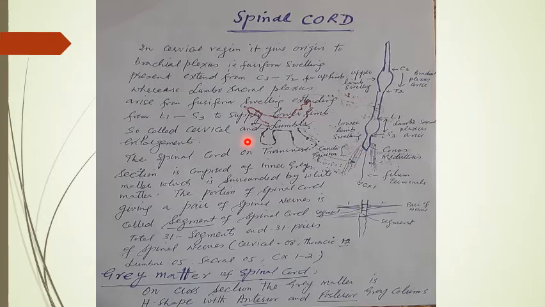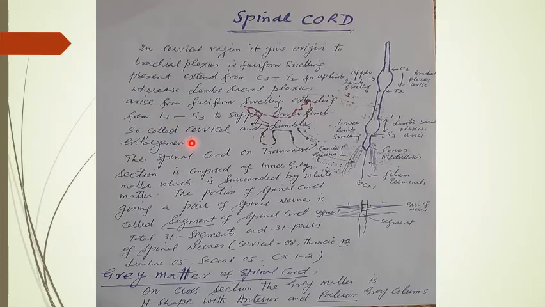terminale. So to come back, in the cervical region it gives origin to the brachial plexus, and that forms the fusiform swelling, extending from C3 to T2 for the upper limb, whereas the lumbosacral plexus arises from the fusiform swelling extending from L1 to S3 to supply the lower limb.